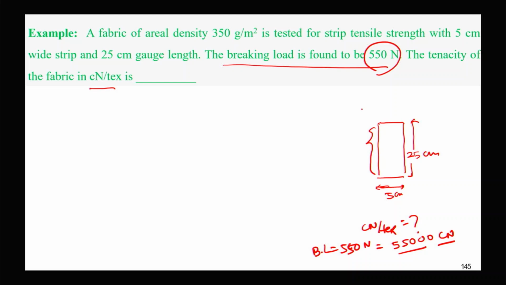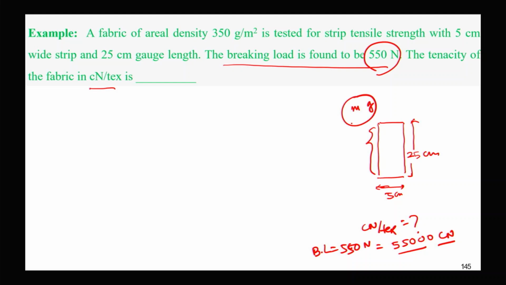So if the mass is W, if we know the mass per unit area, so we know the area of this section, we can calculate the total mass m gram.